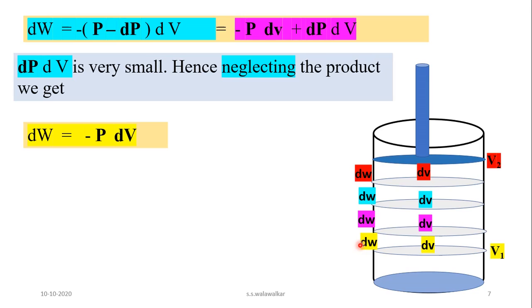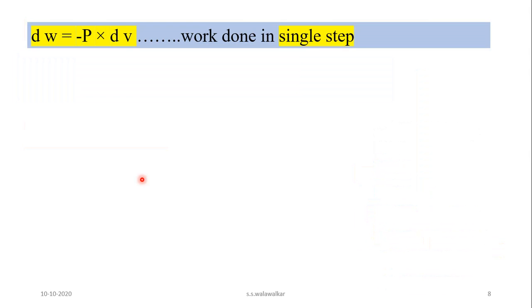That means work is done by the system on the surroundings, and every time a small work dW is done, equal to minus P dV, the work done in a single step.